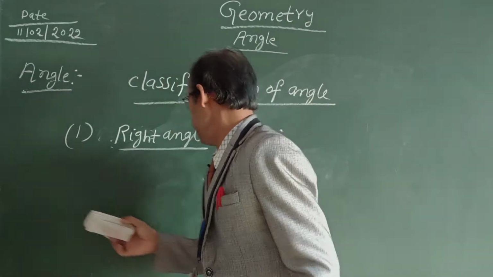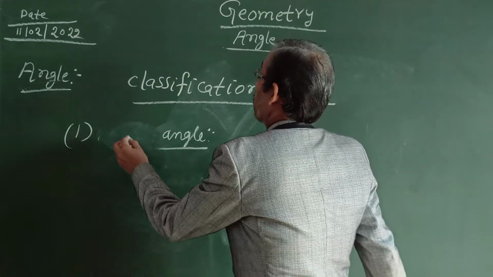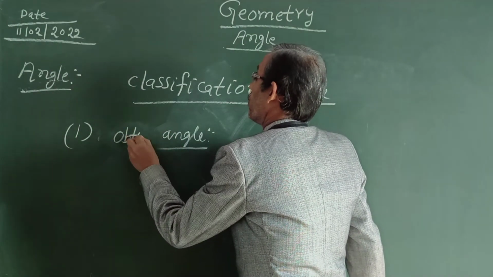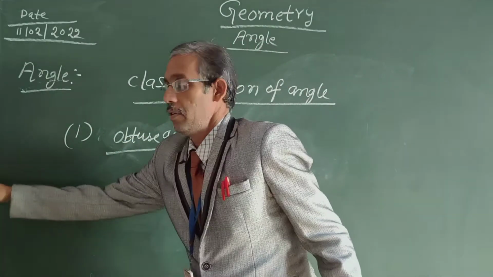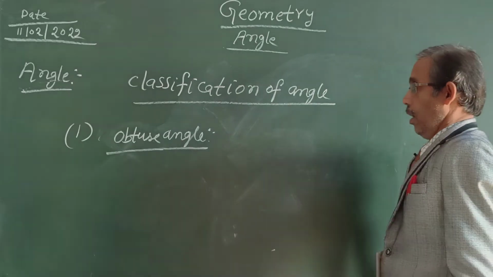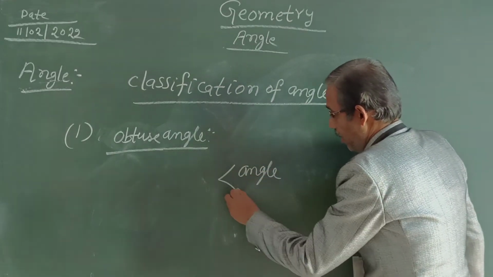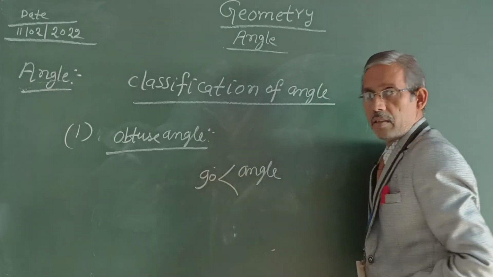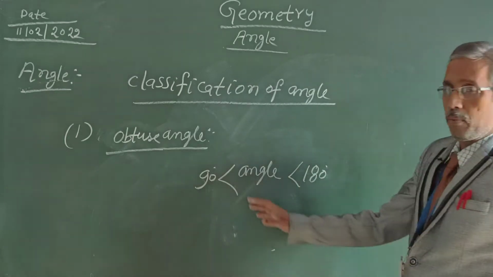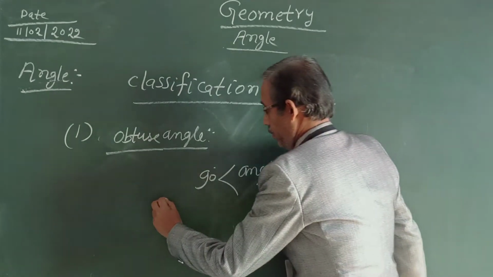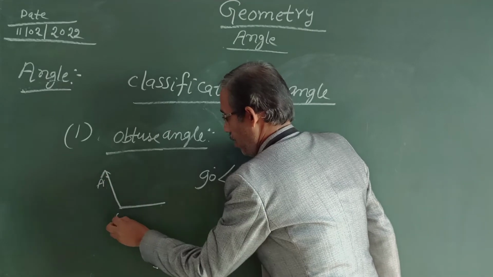Now, obtuse angle. An angle whose measure is greater than 90 degrees but less than 180 degrees is called an obtuse angle.